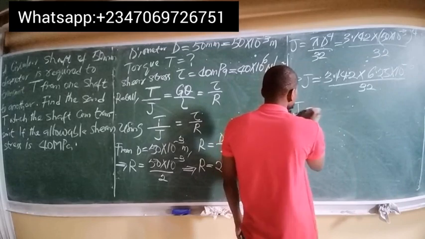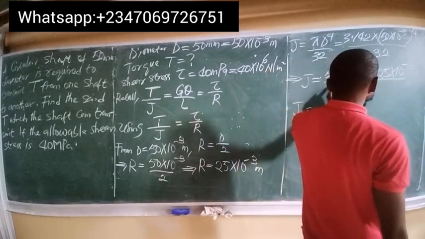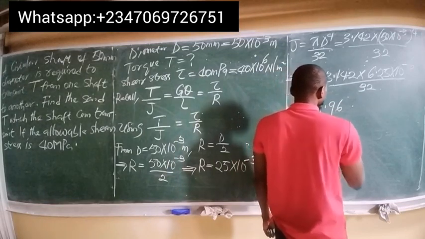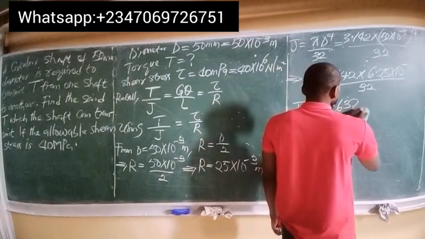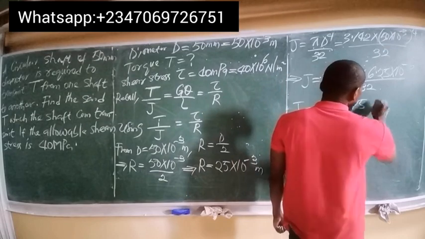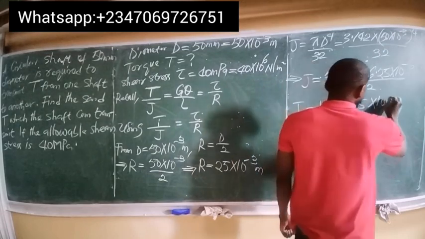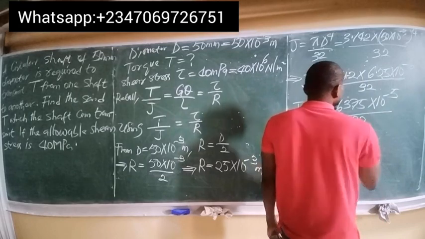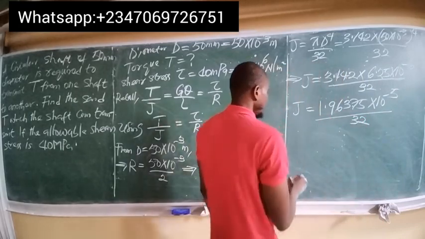So J is equal to, multiplying that value by 3.142, we have 1.96375 by 10 to the power of minus 5 all over 32. So simply divide this value by 32.